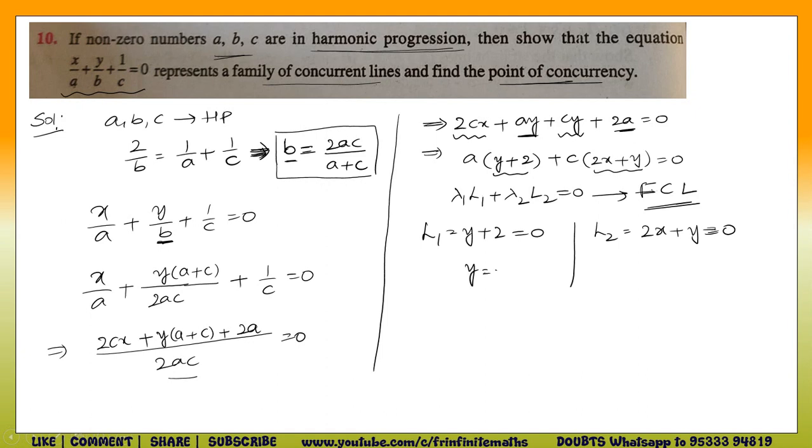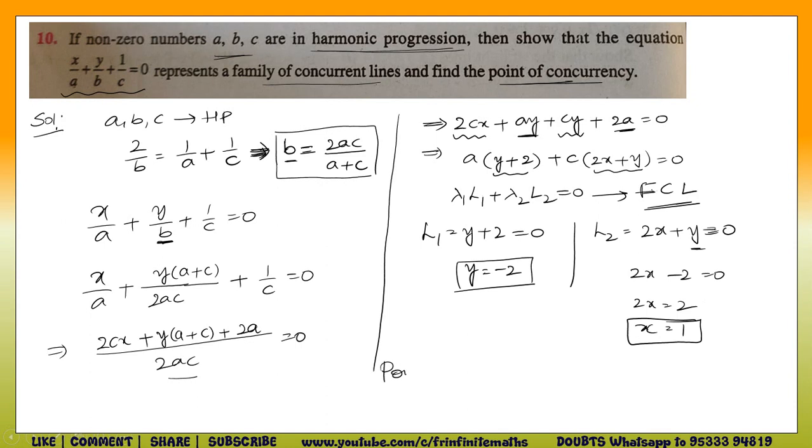So from this, y is equal to minus 2. Since it doesn't have an x term, we directly obtained the value of y. Now substituting this value of y in this equation, 2x minus 2 is equal to 0. From this 2x is equal to 2, so x is equal to 1. We got both the values of x and y.